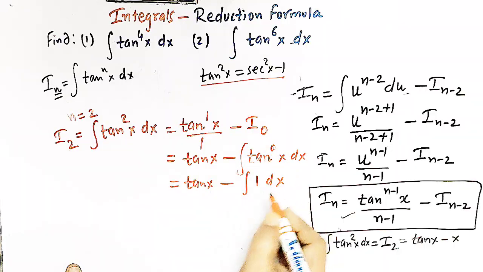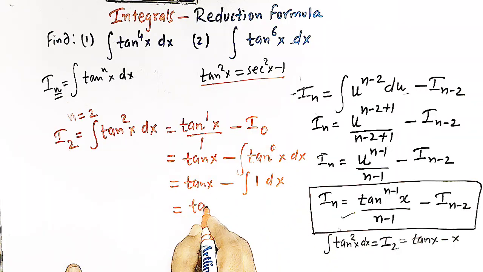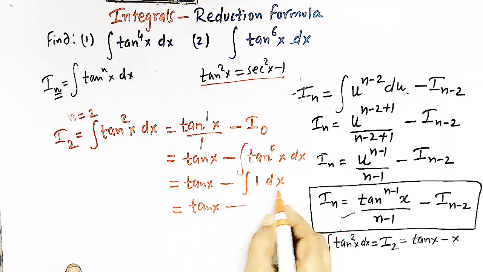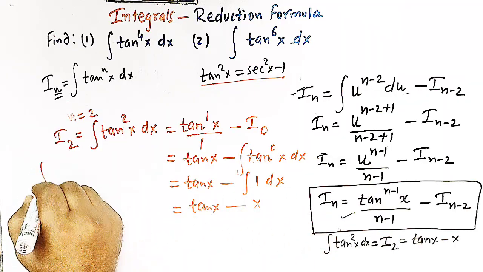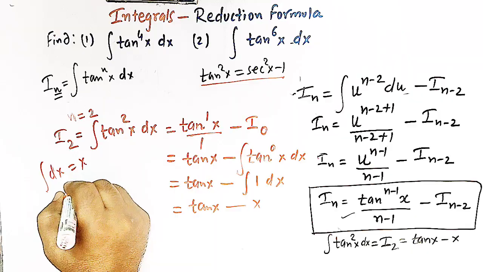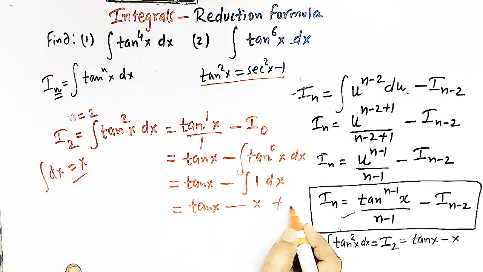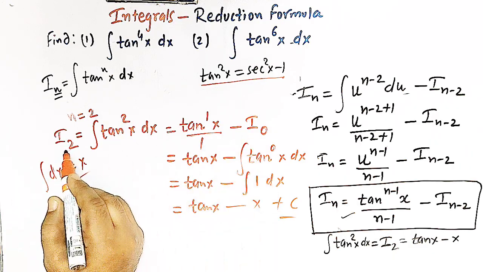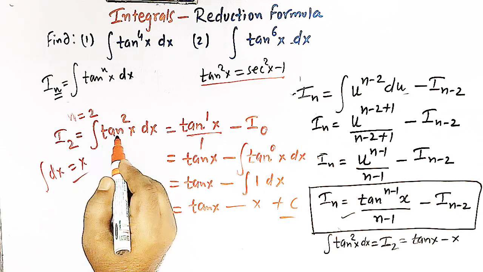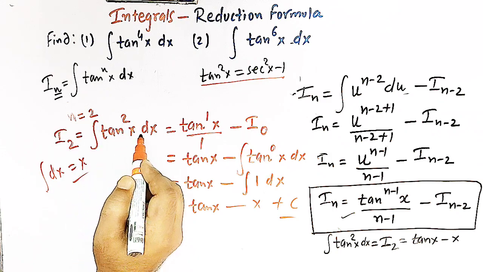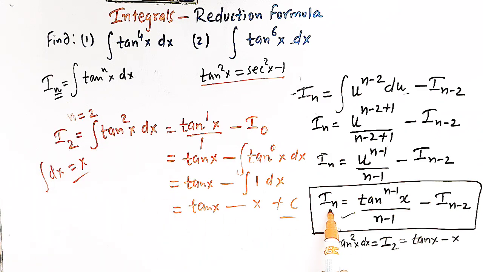So we have the integral of 1 dx, that is simply x, because the integral of dx is equal to x, right? And here we can also add the constant of integration as c, right? So we can also find the value of the integral of tan square x dx by directly substituting n is equal to 2 in this reduction formula.